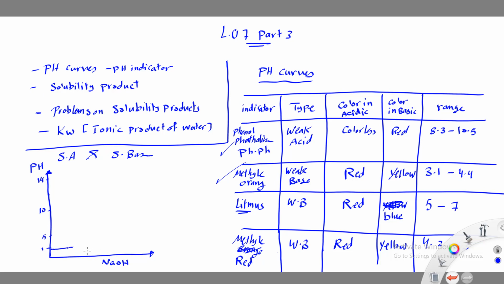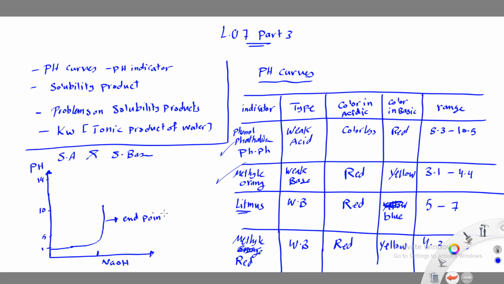We add the titrant till we reach the point of about 25 milliliters. When we reach 25 milliliters, we will find the complete change taking place till 10. Then after the 10, this is called the point of equilibrium, or end point.